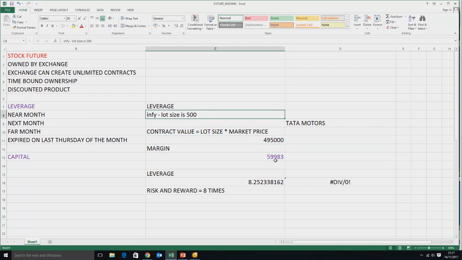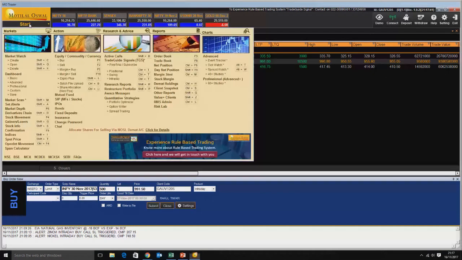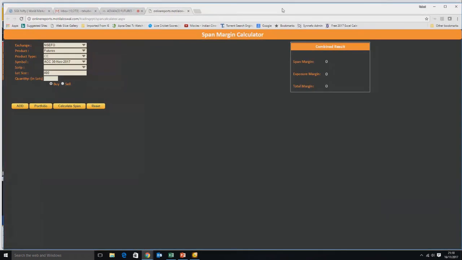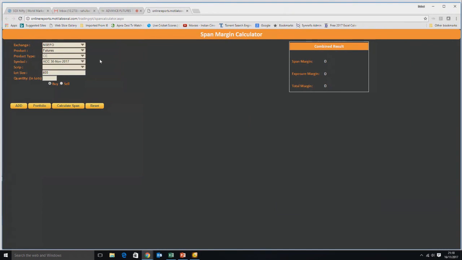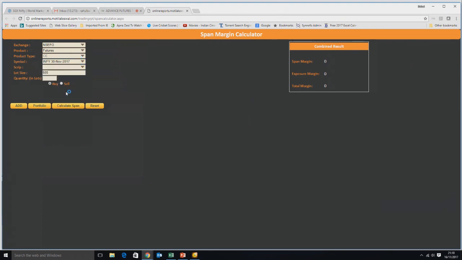And for the margin which is required, if you go to your terminal and click on start, you have an option called the span calculator. If you click on the span calculator, here in futures, I'm interested in Infosys, current month contract.